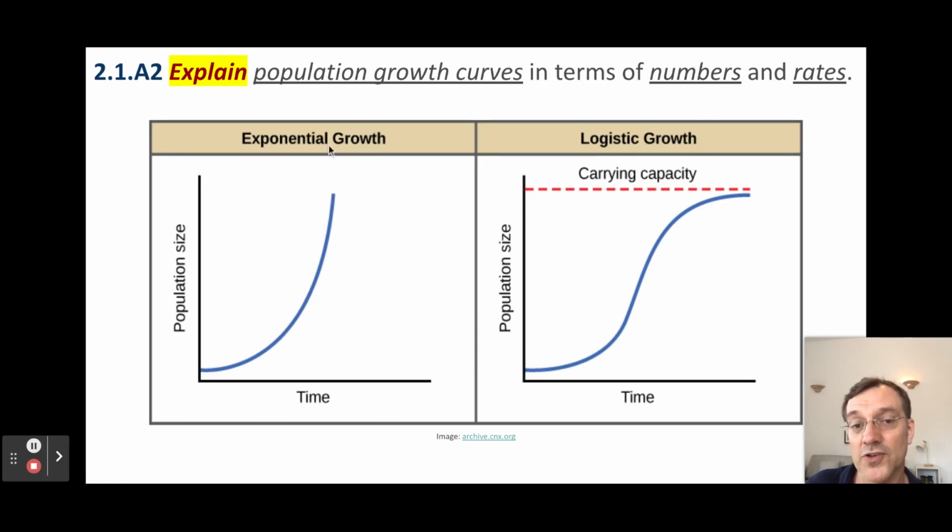Their numbers exceed the carrying capacity, and then they experience very rapid dieback or mortality rates. With S curves, their numbers increase more slowly. The growth rate tends to level off around the carrying capacity, and they experience less extreme mortality and dieback once they reach the carrying capacity.